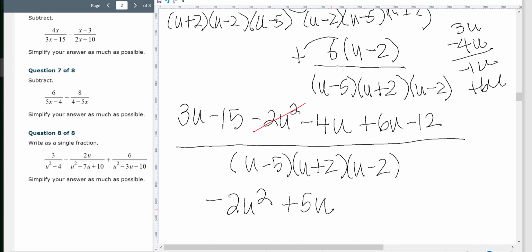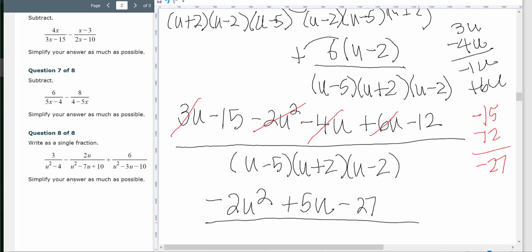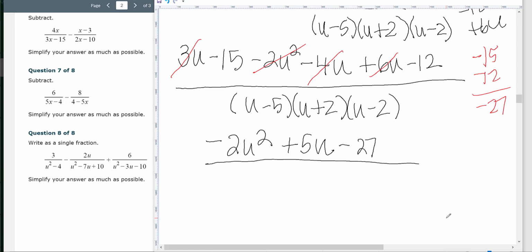That takes care of all of the u terms. Then I have a minus 15 and a minus 12. That's a minus 27. All of that is over my common denominator, u minus 5, u plus 2, and u minus 2.